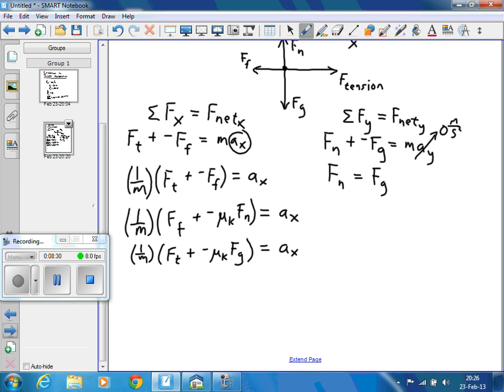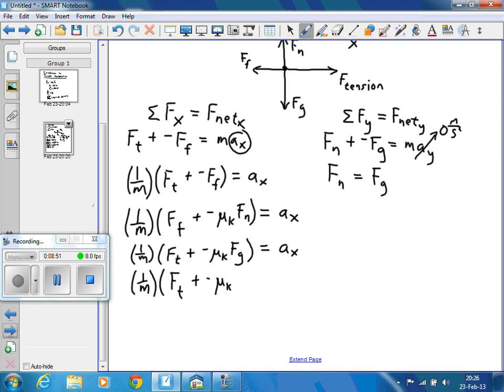Now, if I knew the mass and the tension force and the coefficient of friction and the gravity force, I could plug them all in and solve for the acceleration in the x direction. But I don't yet know the gravity force. But I have an equation for it, so I'll plug that equation in. You'll notice I'm not putting any numbers into this equation. I'm using only variables.